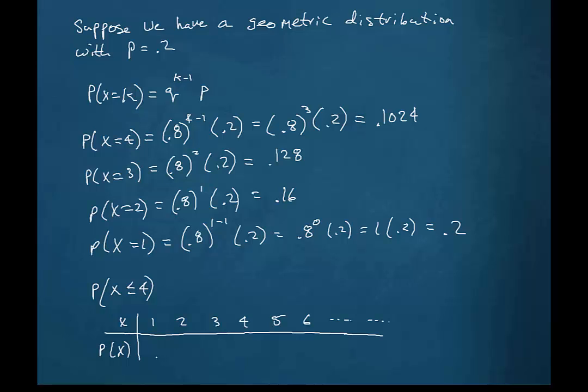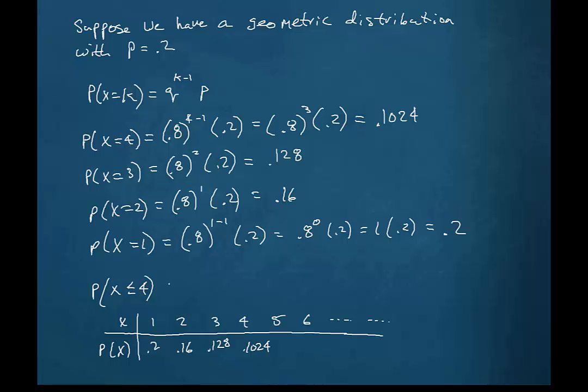So the probability that X is 1 is 0.2. The probability that X is 2 is 0.16. The probability that X is 3 is 0.128. The probability that X is 4 is 0.1024. And then we have some probabilities that are going to continue on here forever, and we haven't calculated those yet.